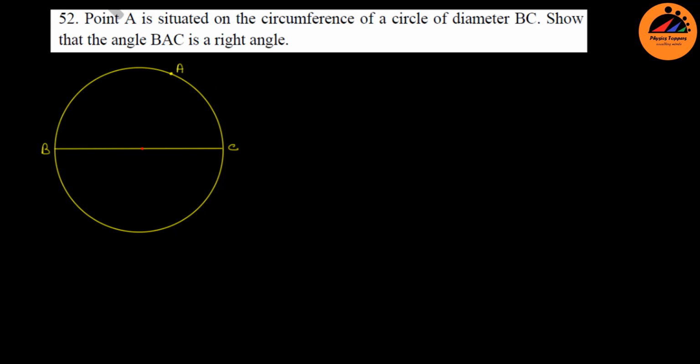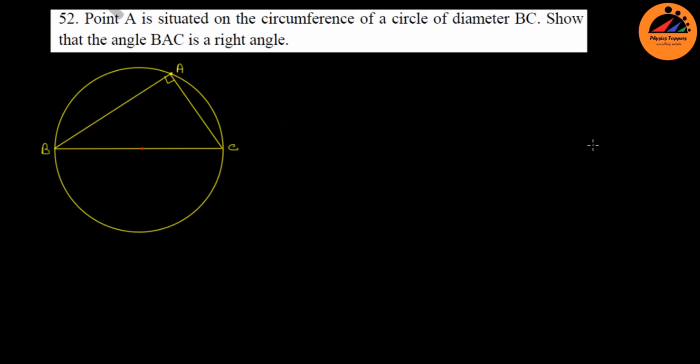Suppose this point is A. Now join AB, now join AC. So you need to prove that this angle is 90 degrees. It's not given.